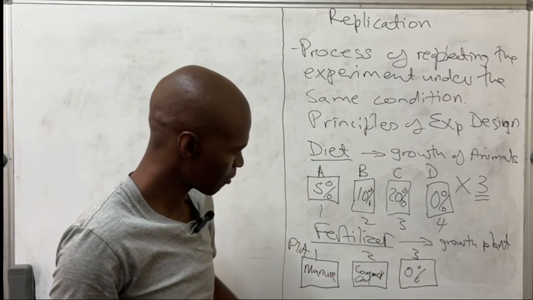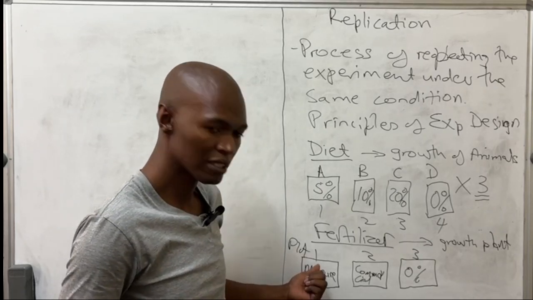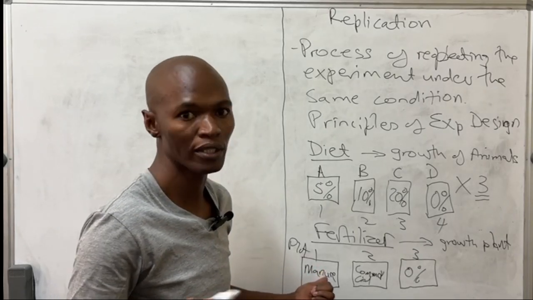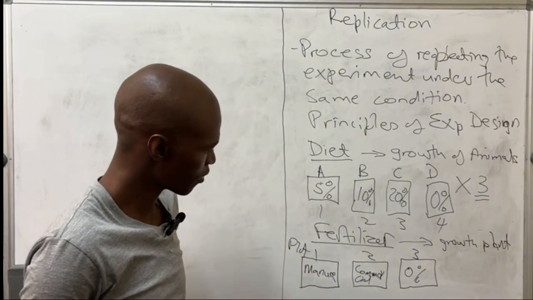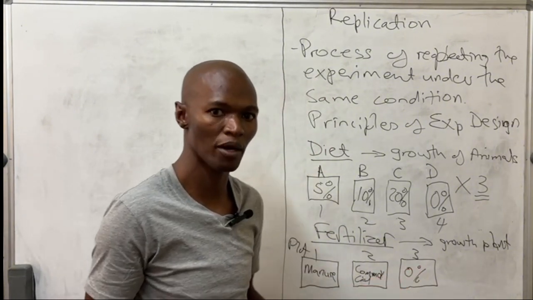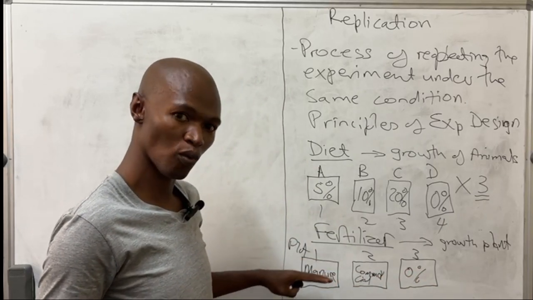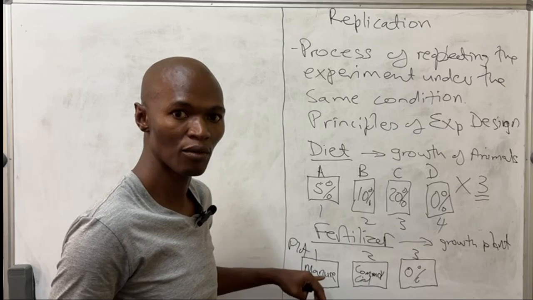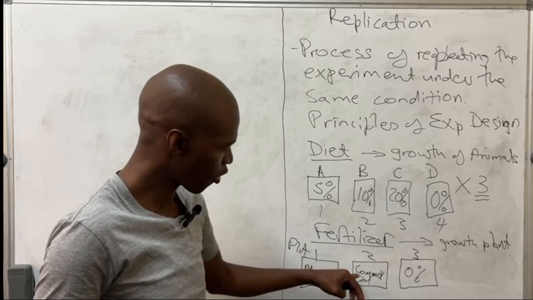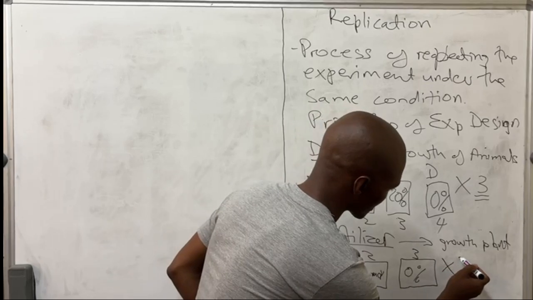You have the commercial fertilizer that you buy from the store, and the manure that you just take, maybe cow dung. Then the other plot is 0%, without any of the manure. So what I'm saying is that you cannot rely on only one plot and then decide that manure is working or commercial fertilizer is working. We have to repeat the same thing.